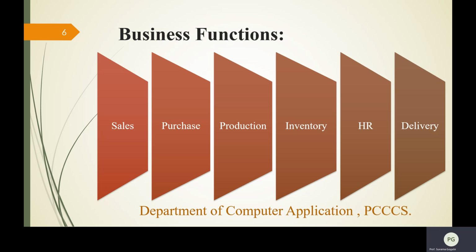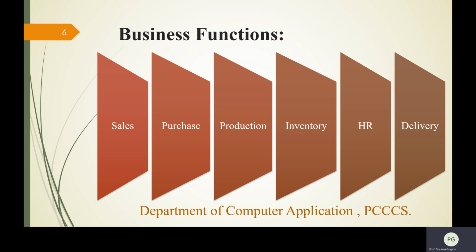Before going to business software, we should understand the different business functions. In any business, as I have told you, no two businesses are identical, but businesses always have more or less similar functions. The basic business functions are sales, purchase, production, inventory, HR, and delivery.